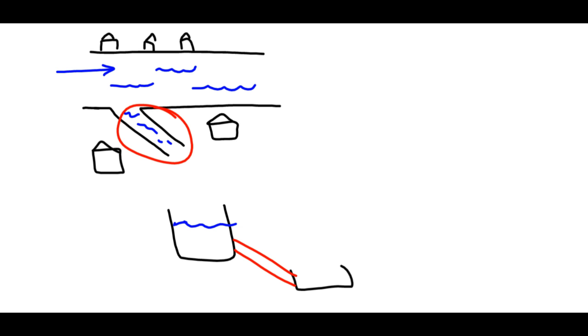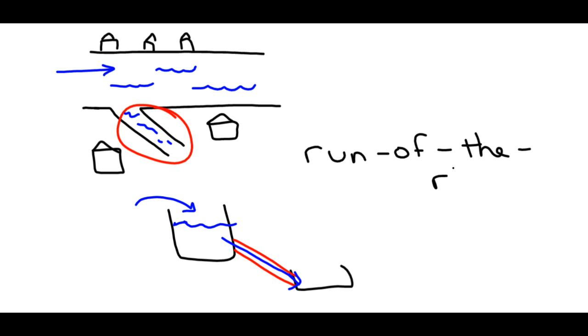The run of the river empties into this reservoir, and then the water flows down, turning a turbine. And this is called a run of the river power station.